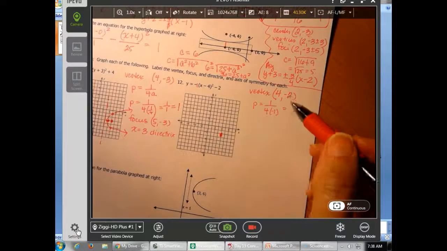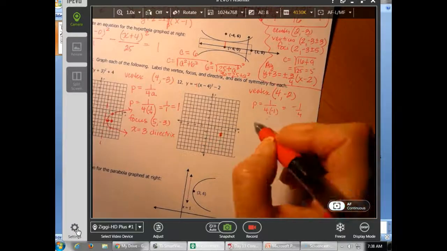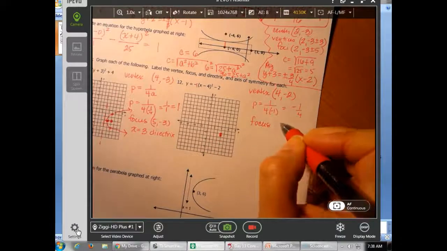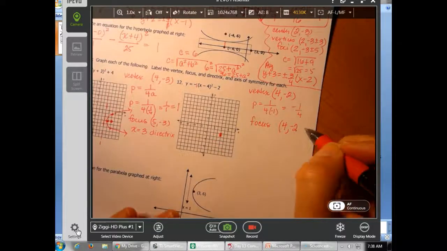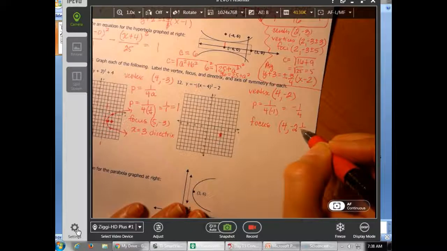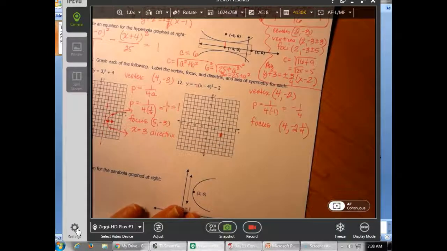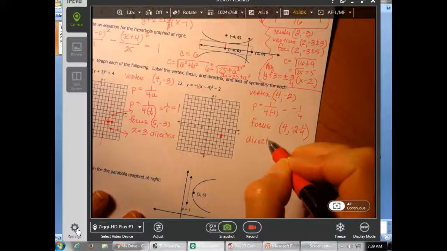And then I'm going to subtract that from my y, so that will give us our focus point. Our focus is going to be (4, -2 - 1/4), which basically makes it -2 1/4. So it's a little bit lower than -2. And then our directrix is going to be in the other direction.